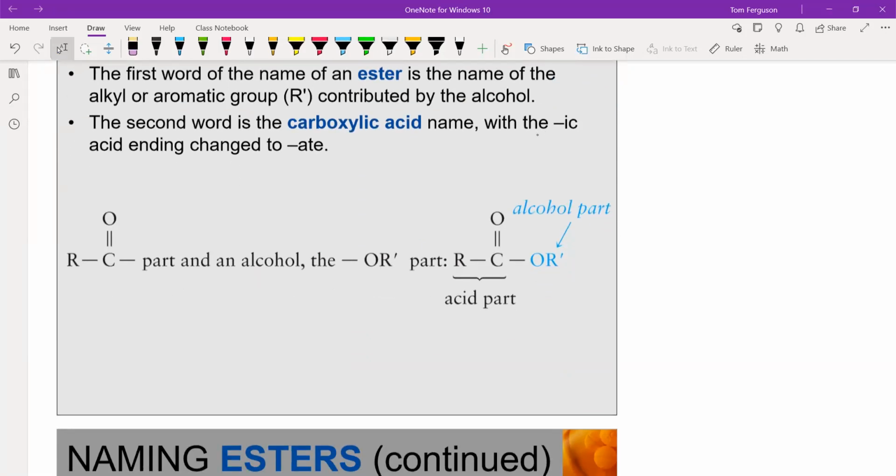Okay, so to name an ester, now if we have a three-carbon acid, that would be propanoic acid.